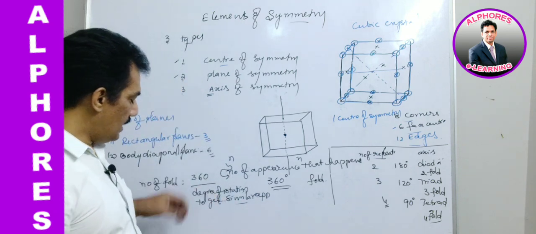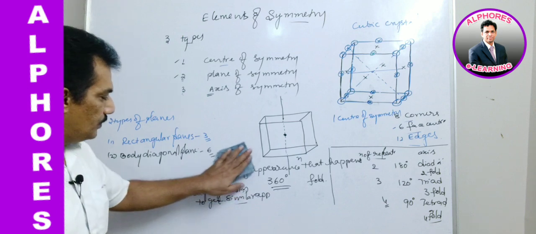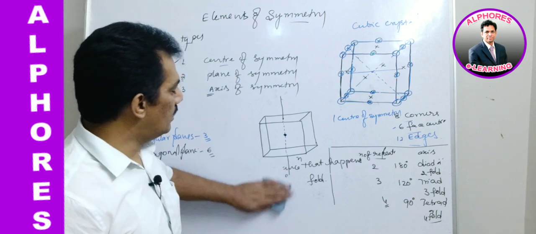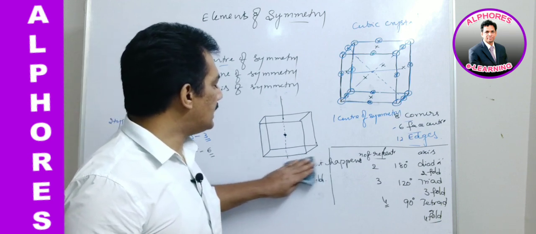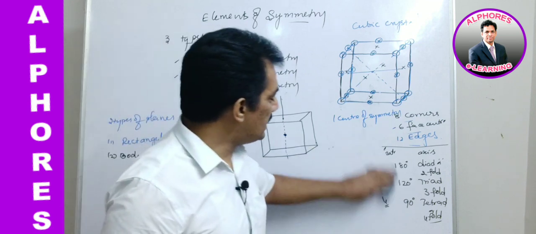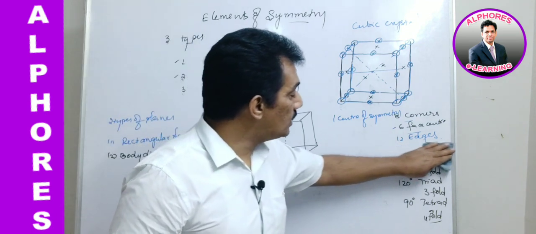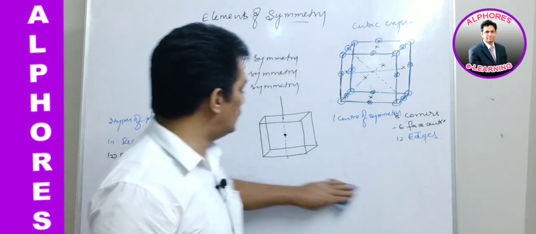Now, in the case of a cubic crystal, when we are considering the axis, remember each axis will cover opposite directions, whether the face centers, the corners, or the edge centers. Like that, 3 types of axis we can generate.